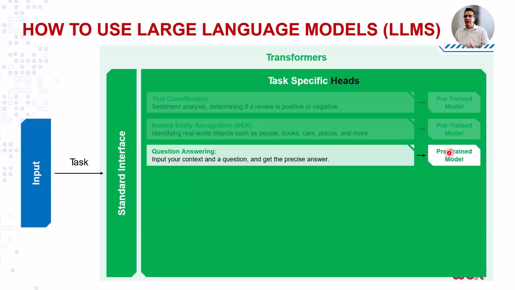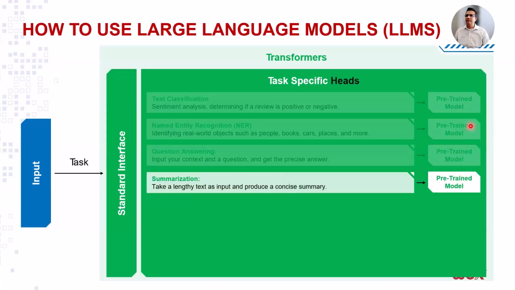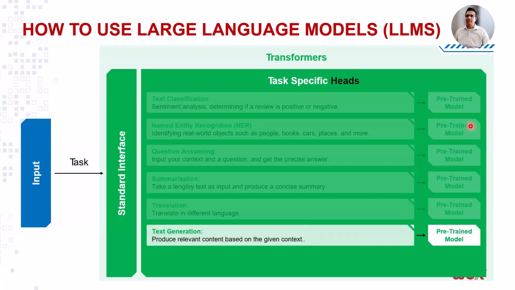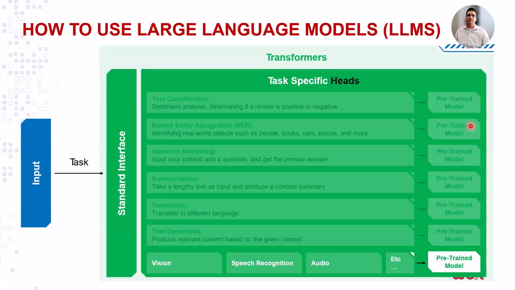You can tell it which model to use, and it will use that model and get you the answer. The same thing applies for summarization, translation, text generation, vision, and speech recognition. There are so many different tasks it can provide, but each task needs a task head and a model for it.